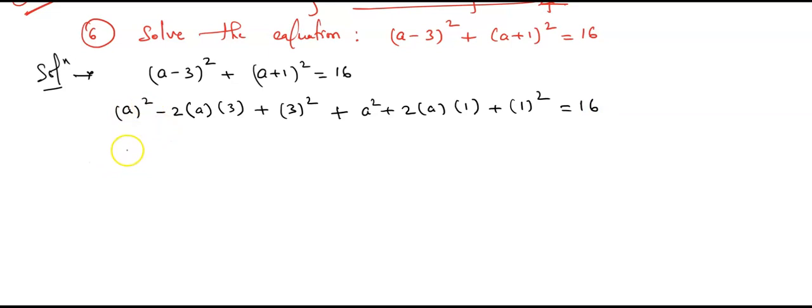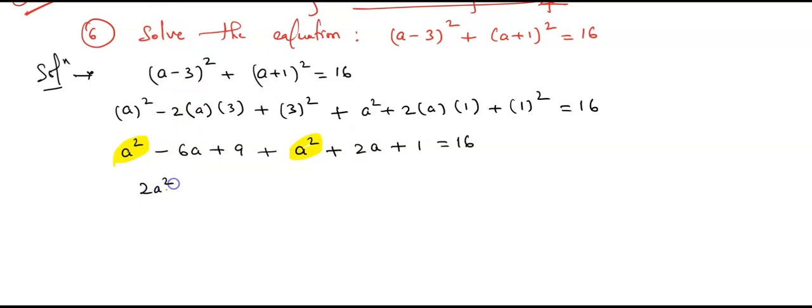Now (a minus 3) whole square is nothing but a square minus 2 3s are 6, 6a, plus 3 square is 9, plus a square plus 2 into a into 1 is 2a, 1 square is 1, is equal to 16. Now 1a square plus 1a square, how much? That is 2a square.